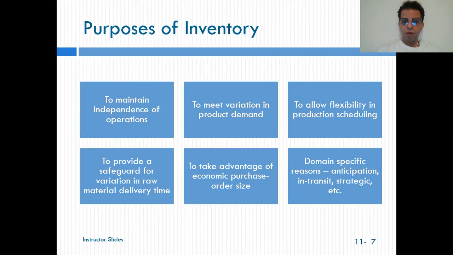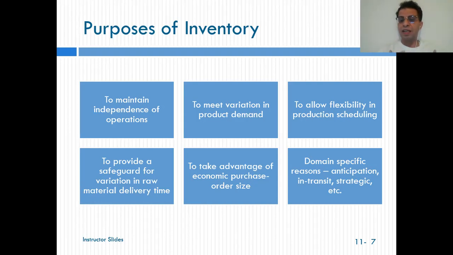The purpose of inventory is to maintain the independence of operations. You have things in the warehouse, so anytime you need, you can operate. The other purpose is to meet variation in product demand. Once you want to produce 100, the next day suddenly you have to produce 500.